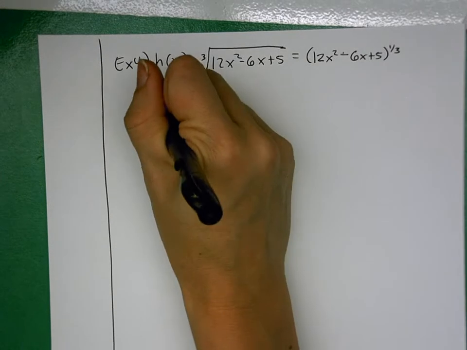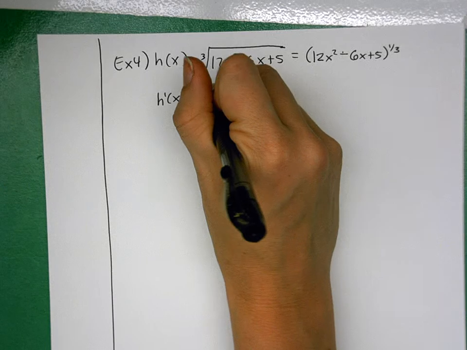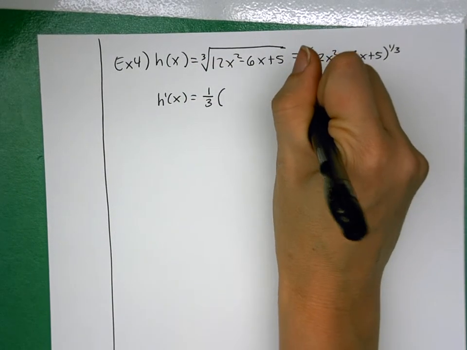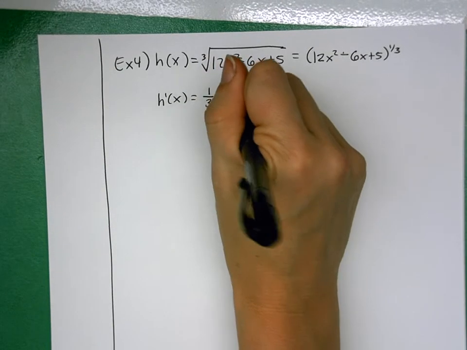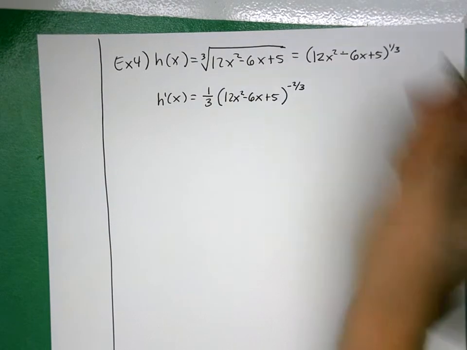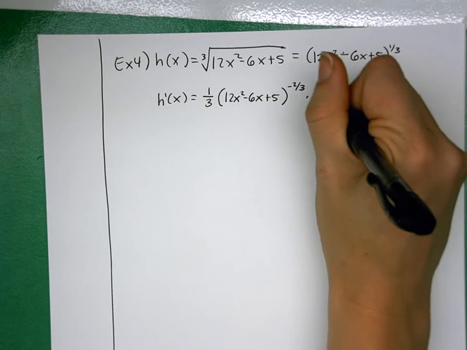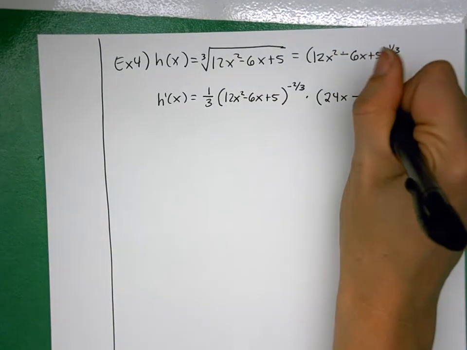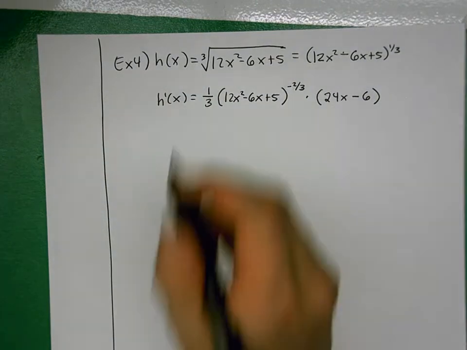Which means our derivative, taking that outside function, the 1/3, dropping it down in front, subtracting 1 from the exponent, and then g of x stays g of x, 12x squared minus 6x plus 5. After the fact, times the derivative of the guts. The derivative of 12x squared is 24x. Derivative of negative 6x is negative 6. Okay. So then you have your answer.